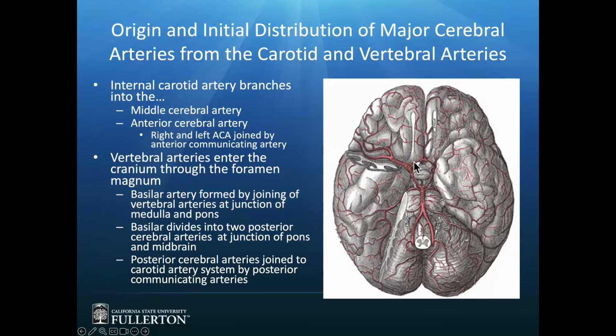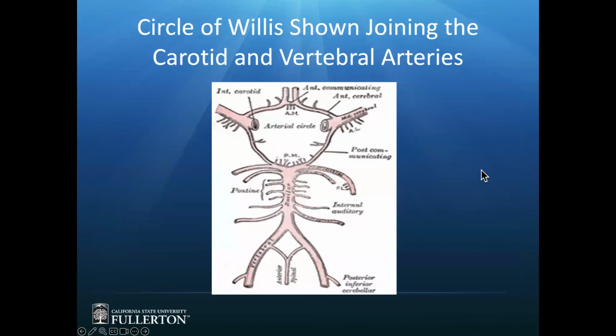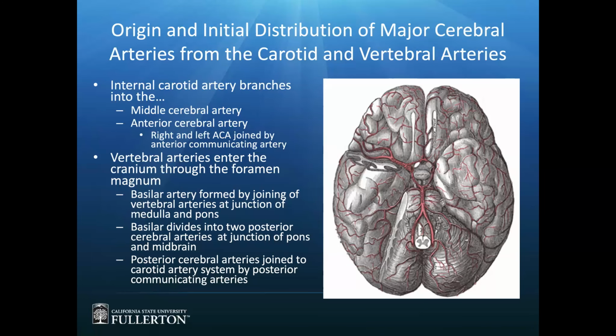Now you can't see much of the anterior cerebral artery. And if you go over to this side of the brain, you can't even see the middle cerebral artery. Why? Because the temporal lobe is covering it up.